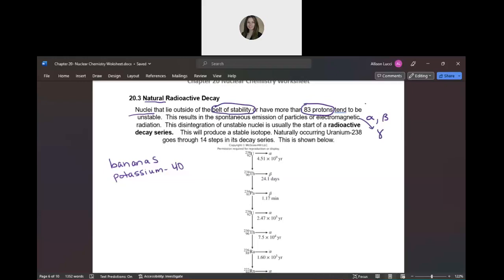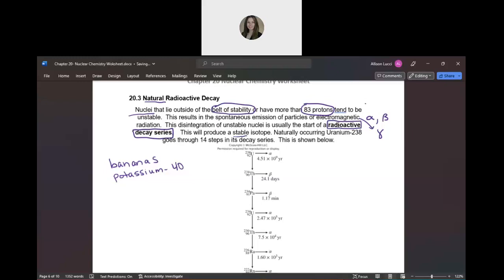This again is to create a more stable nucleus. When unstable nuclei disintegrate, this might not occur in just one step, but rather it's the start of what we call a radioactive decay series, a new term to define, until it reaches a stable isotope.